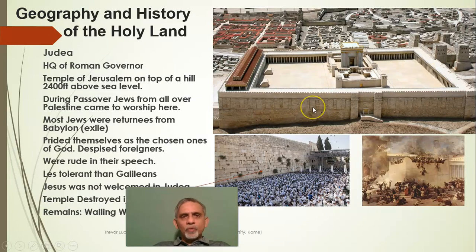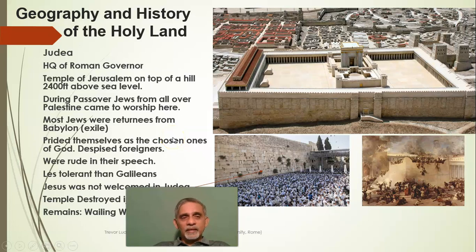So Judea was also the headquarters for the Roman governor after they conquered the Holy Land. The temple of Jerusalem was on top of a hill 2,400 feet above sea level. And during the Passover, Jews from all over Palestine came to worship here. Most Jews were returnees from Babylon in exile.